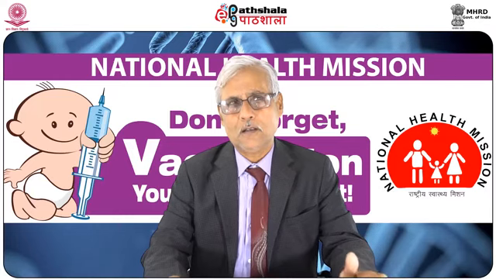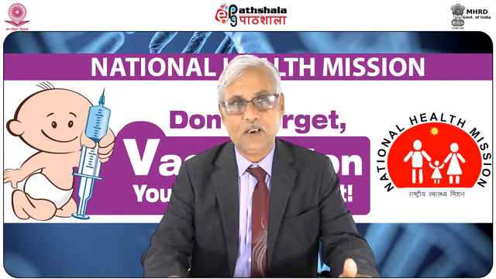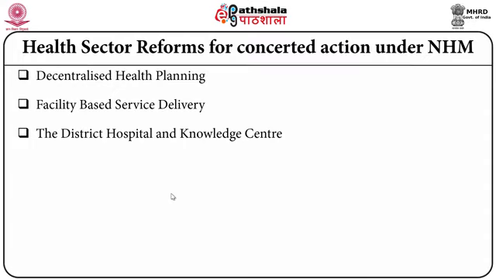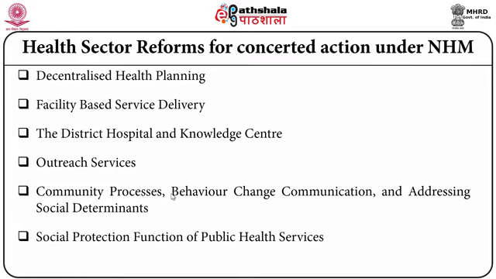Therefore, there has been a lot of flexibility in the National Health Mission in terms of decentralized health planning, facility-based service delivery, the district hospital and knowledge center, outreach services, community processes, behavioral change communication, addressing social determinants, social protection function of the public health services, and partnership with various civil societies and for-profit private sector organizations.